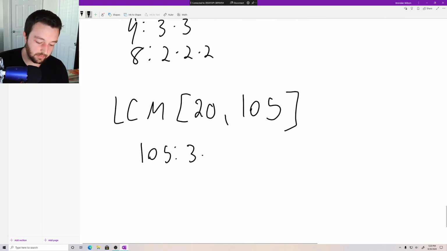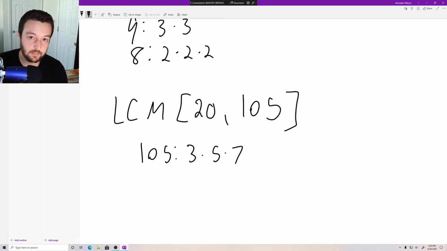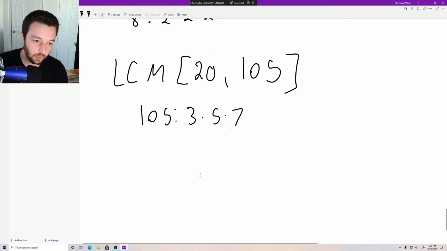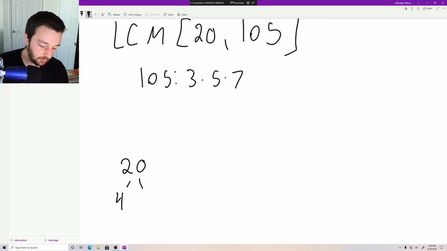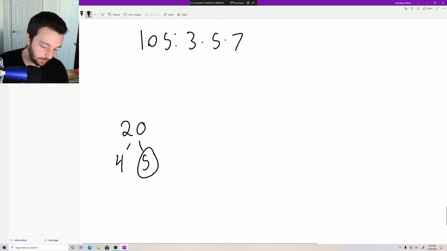105, we already found the prime factorization of. It was 3 times 5 times 7. 20, we need the prime factorization of. Let's do that down here. Okay. So we break it up into whichever two numbers you prefer, maybe 4 times 5, right? 5 is prime. And you break 4 up into 2 times 2.